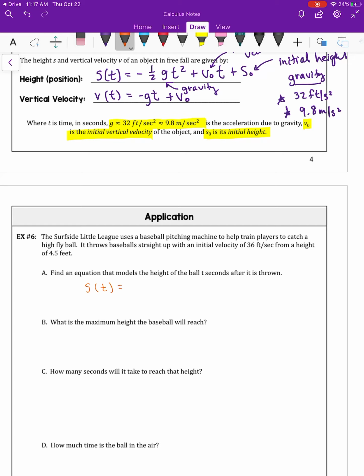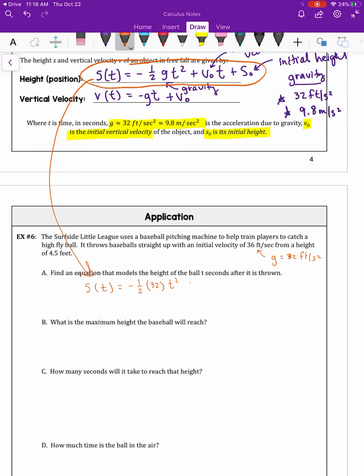So s of t equals negative 1/2. Since this is in feet, I'm going to use g equals 32 feet per second squared as my g, because I'm just taking this equation up here and I'm basically putting in all the things that we know.